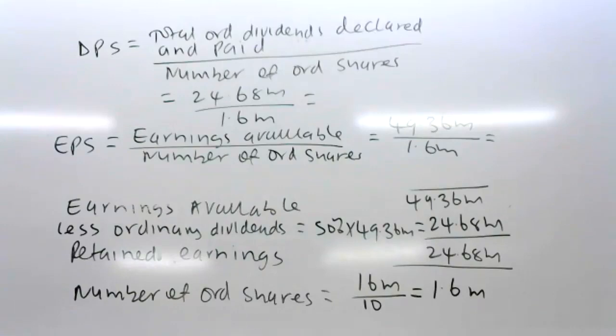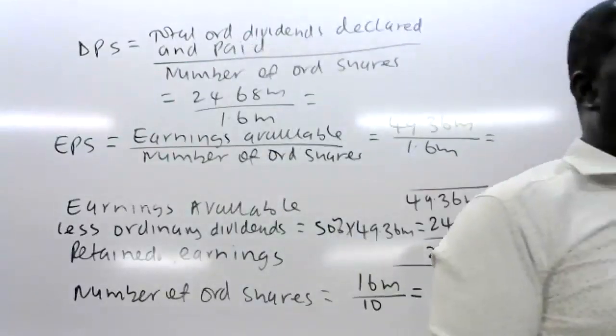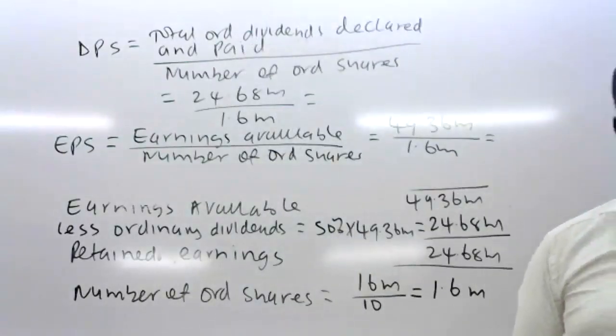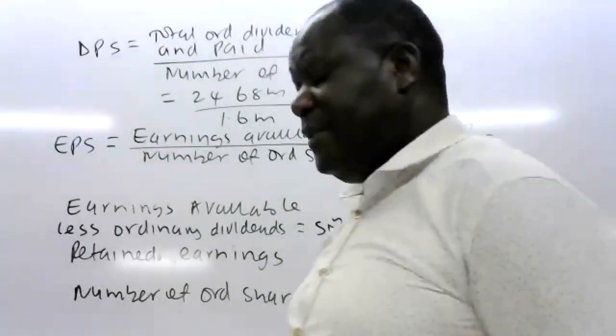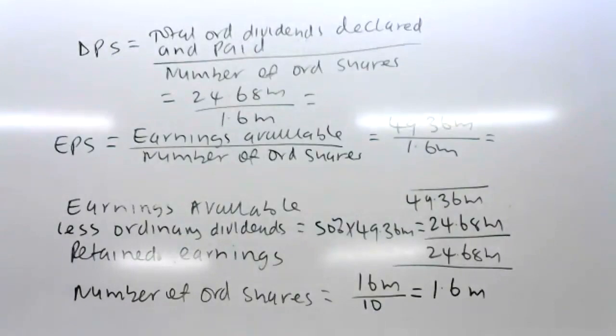To get the dividend payout ratio, you simply take the total ordinary dividends declared and paid, then divide by the earnings available to the ordinary shareholders, and express it as a percentage. Or dividend payout ratio will be equal to the dividend per share divided by the earning per share, then you show it as a percentage.